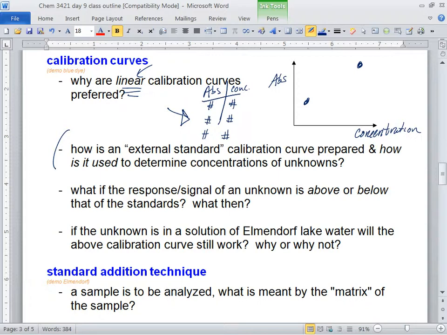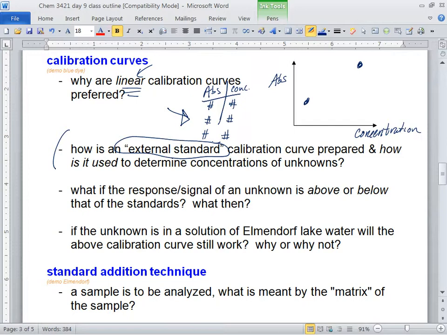There my Vf would be 250. So we could make some standards from a stock solution, and then we put them in the machine. So that's all external standard is. It's just a fancy word for making standards.